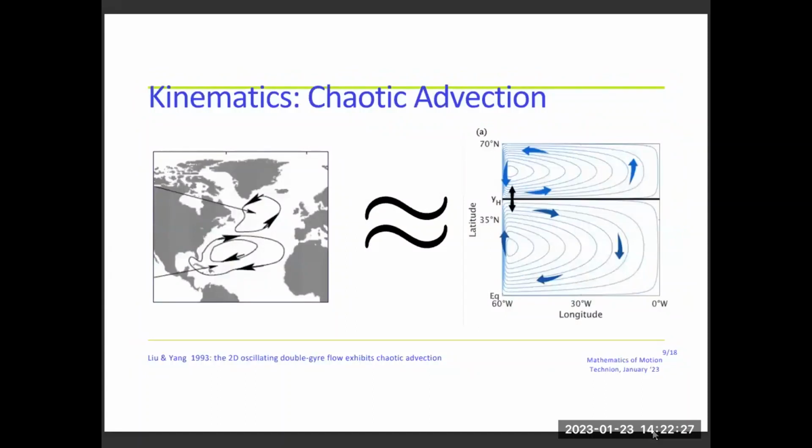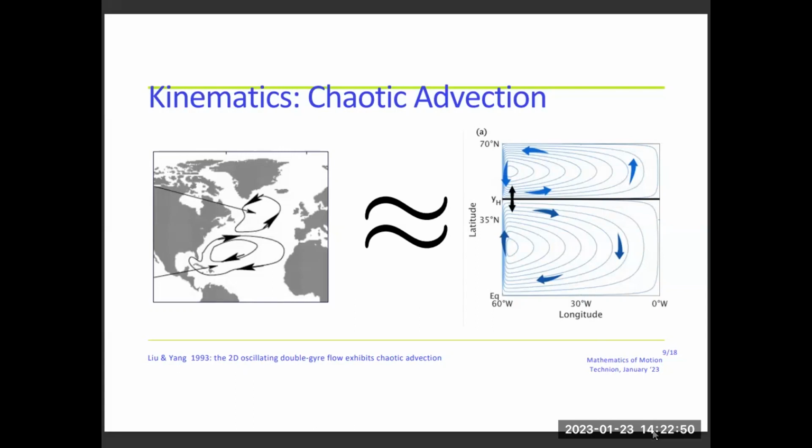Okay, so let's move to a different ocean model. And in our model, we basically combined 2 ideas. Let's talk about an ocean model for kinematics. The realistic flows are intricate and usually chaotic phenomena. And here is a very simple model for the North Atlantic surface flow.